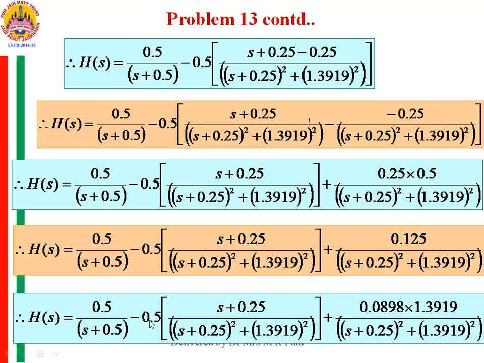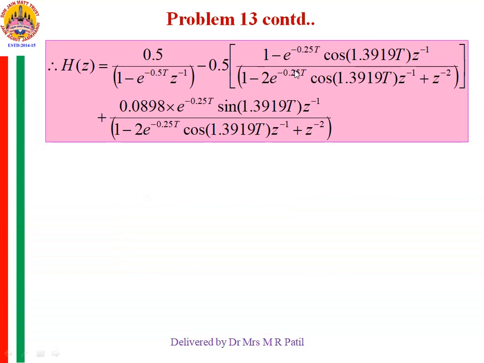This minus 0.5 is constant, e raised to minus 0.25 t cos of 1.3919 t, and for this 0.0898 is constant into e raised to minus 0.25 t into sine of 1.3919 t. That is your h(t).